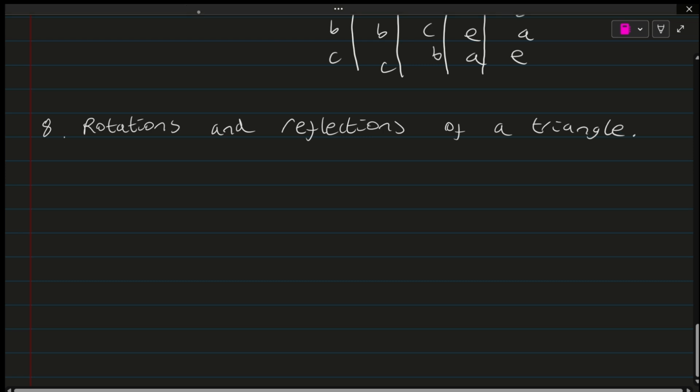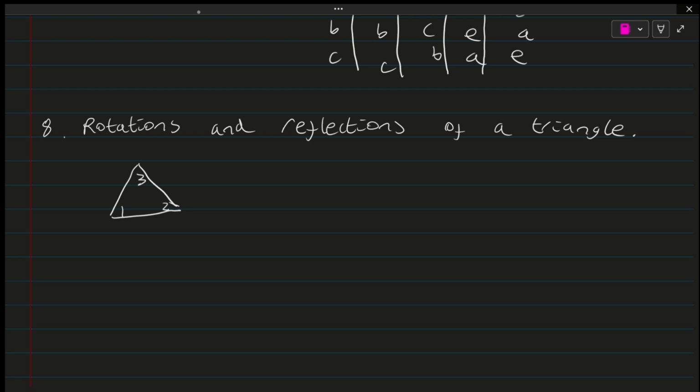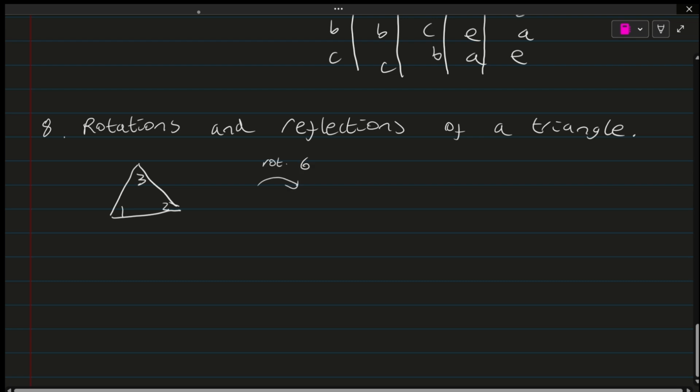So we can have a look at drawing a triangle here, and we can label the vertices 1, 2, and 3. And then if we think about the symmetries of this triangle, they're the rotations and reflections. So we can make a rotation by 60 degrees like this, and then we'll get the triangle with the vertices labelled like this.